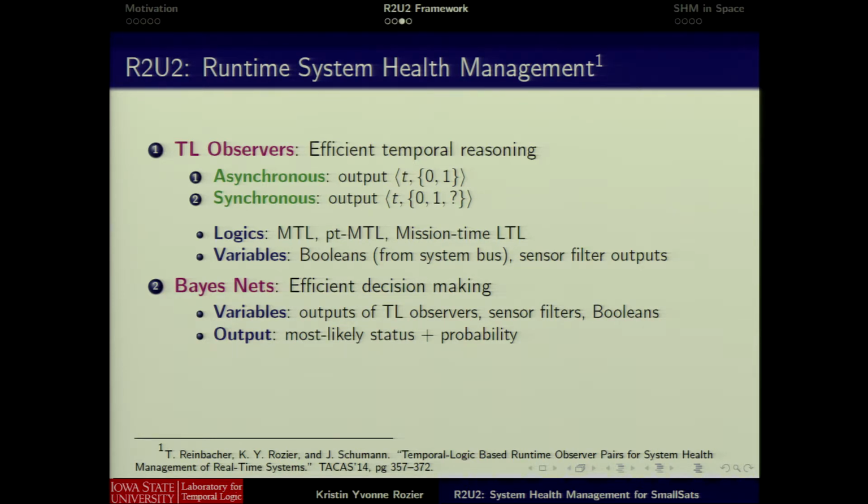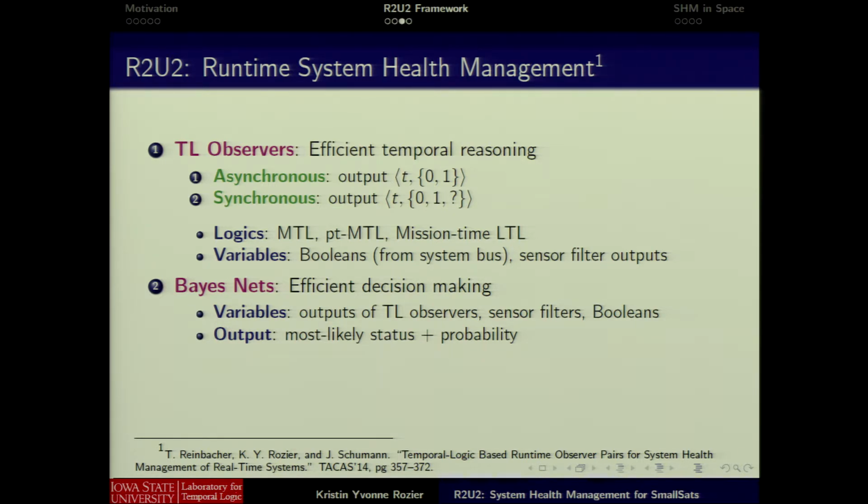And for each temporal formula specification, we encode it twice, once as an asynchronous, or event-triggered, runtime observer that returns either that it passed or that it failed as soon as we can possibly know. And we also encode it as a synchronous, or time-triggered, observer that returns true, false, or maybe, or you could also take maybe to mean I don't know yet.